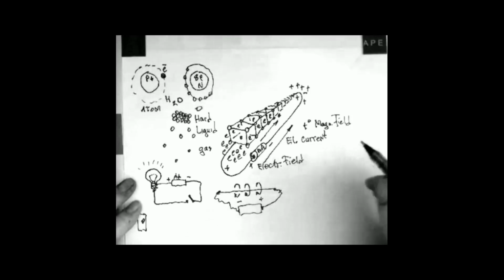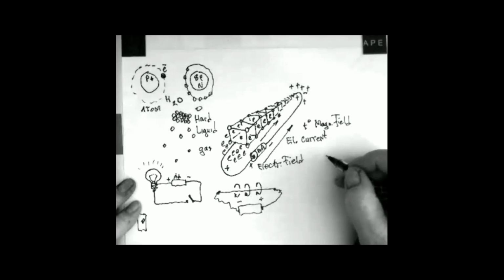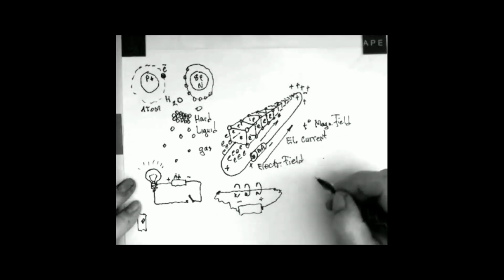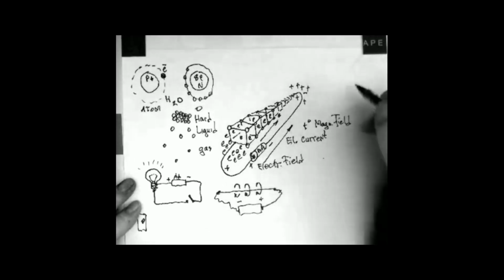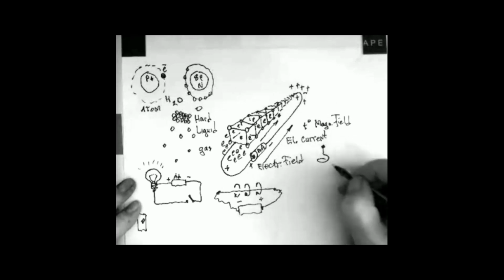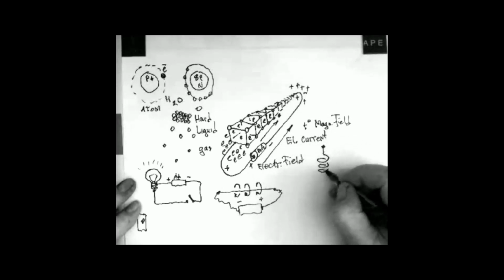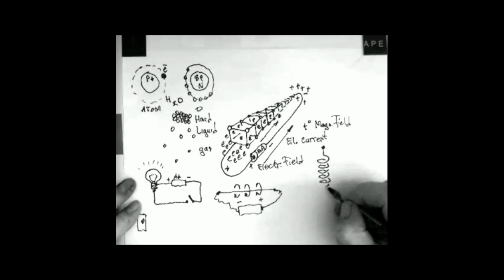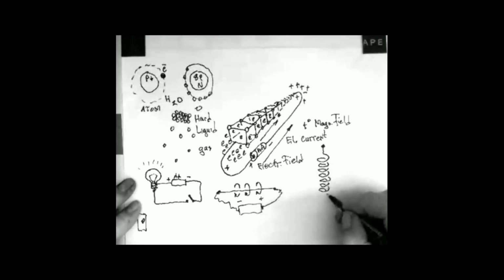To make it more powerful, we need to amplify it. For amplification, folks, I will use something like this. I will go for this point and then I will make a coil where each loop will be bringing the electrical field.